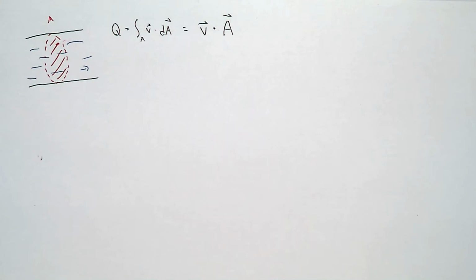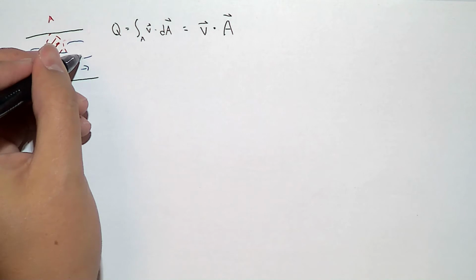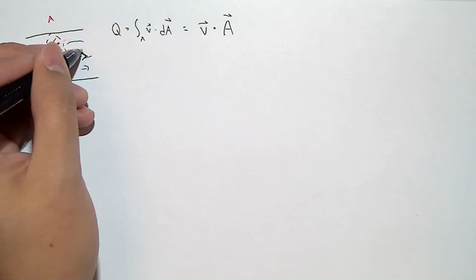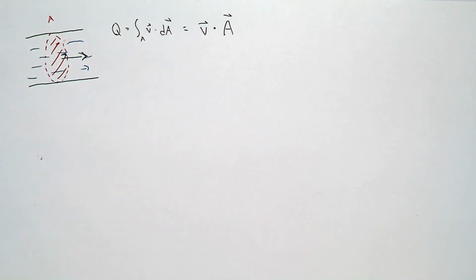And why am I doing this? Well, we can simplify this even further. If we know that the streamline, the velocity vector, is normal to the area vector, then what's the angle between them? Yeah, 0, right? Good. And what's the cosine of 0? 1. Good.